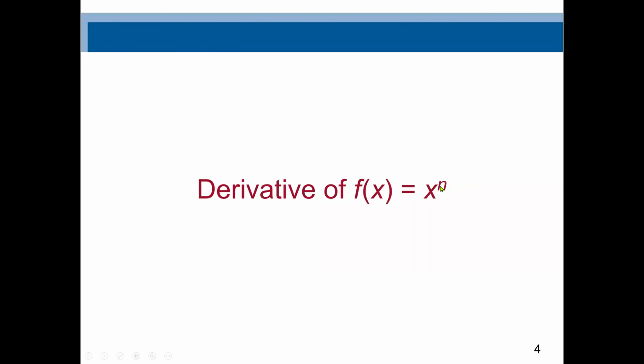This is the power rule, which we covered last week. If we have x to the power n, the derivative of this function will be n times x raised to the power n minus 1. Which means we multiply the exponent by the coefficient of the variable and we subtract 1 from the exponent.